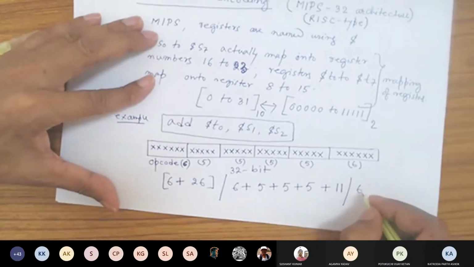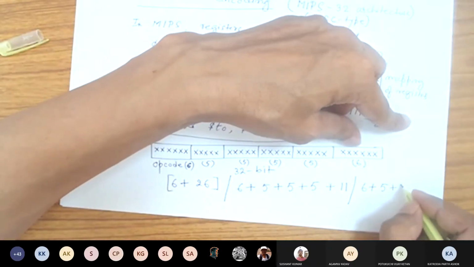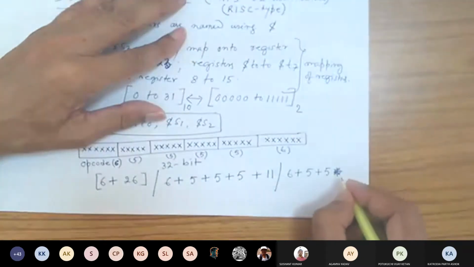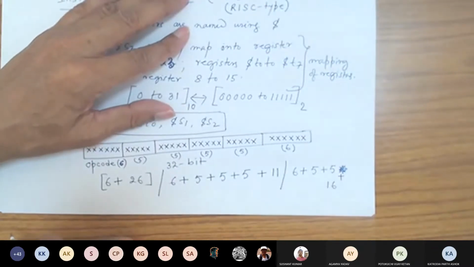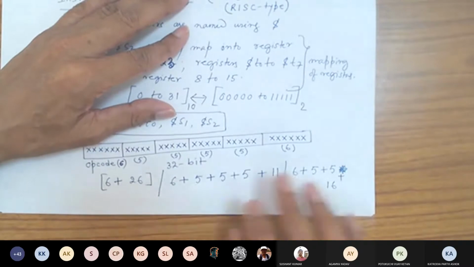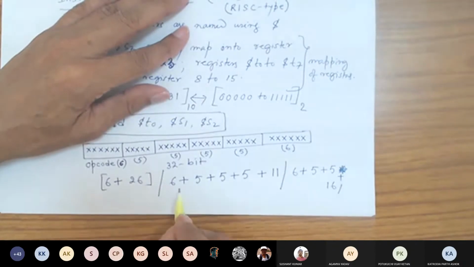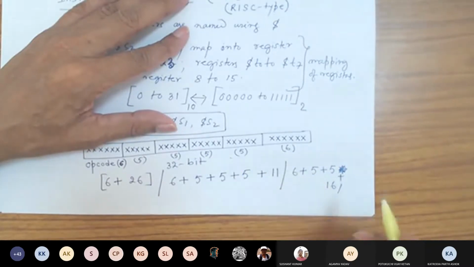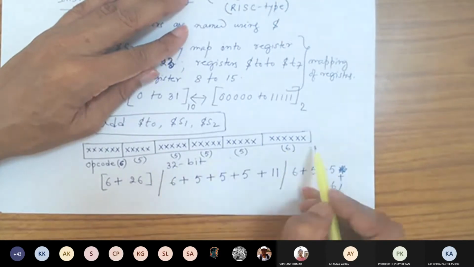We can have 6 plus 5 plus 5 plus 16. There are many such variations. So these are very common variations: 6 plus 26, 6 plus 5 plus 5 plus 5 plus 11. When it is 11, you know that these two will be combined. 6 plus 5 plus 5 plus 16, you know that these 3 will be combined to get a 16.